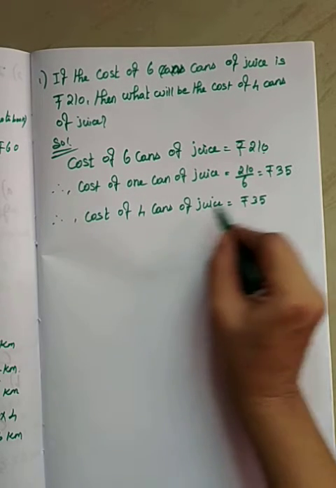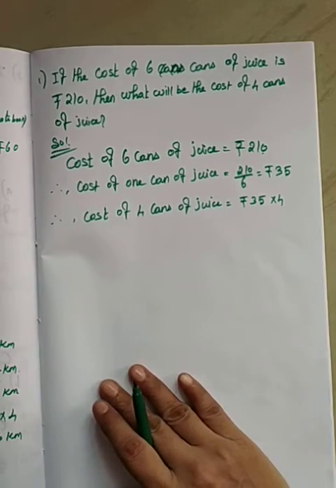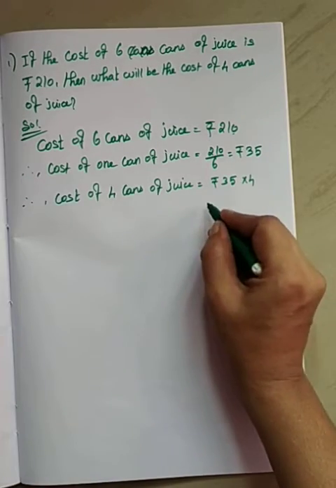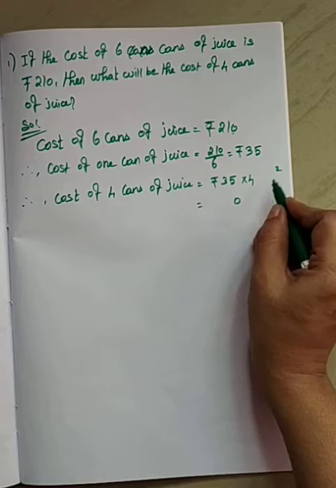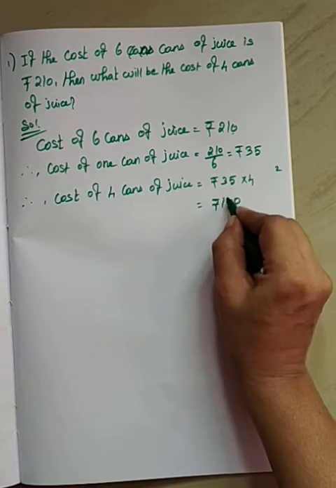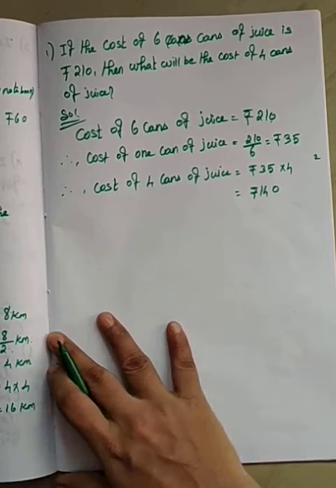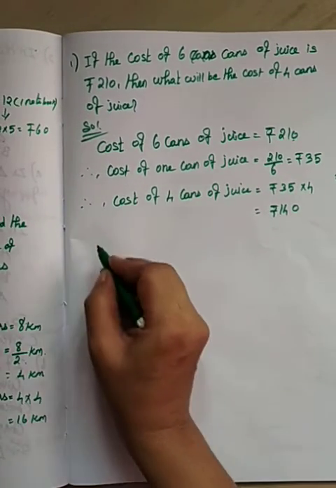Now you need the 4 cans, so rupees 35 into 4. Now multiplying in that one, you will get the result. 5 4s are 20, remainder 2, 12 plus 2 is 14. So rupees 140. Therefore, the cost of 4 cans of juice is rupees 140.